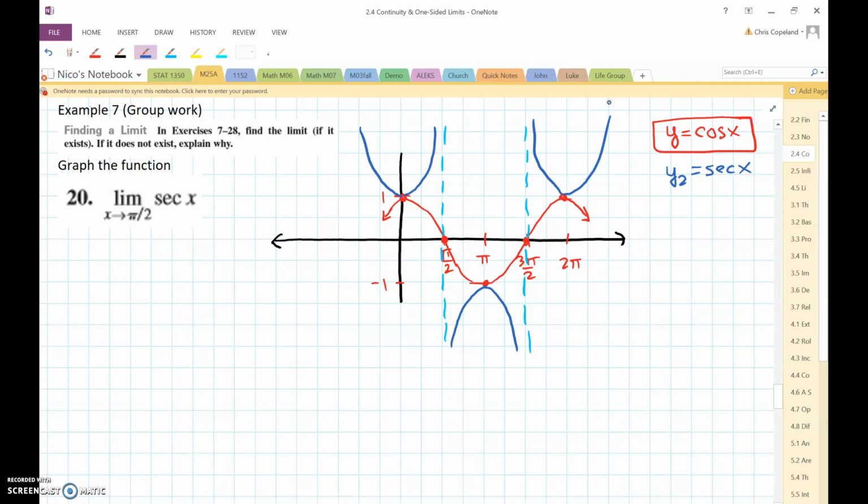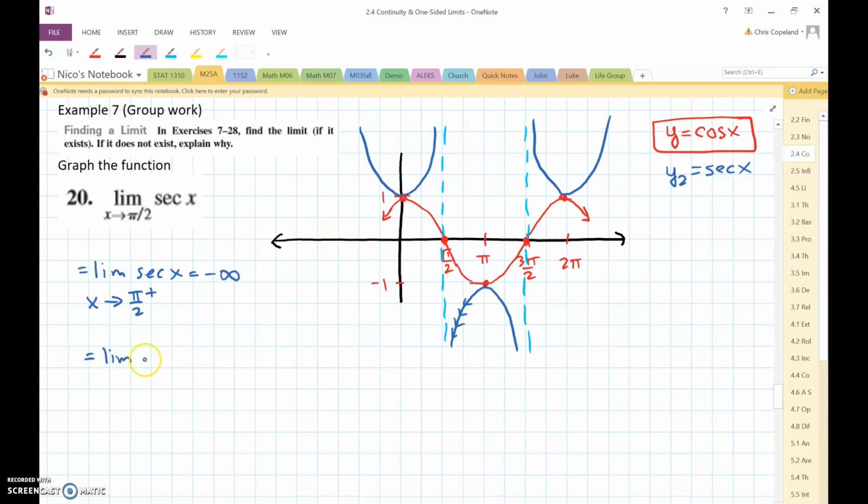and what we're looking at here, we want to look at the limit of the secant of x as x is approaching pi over 2. Well, let's look at one-sided limits. Look at the limit of secant of x as x approaches pi over 2 from the right. From the right, this is going to equal negative infinity.